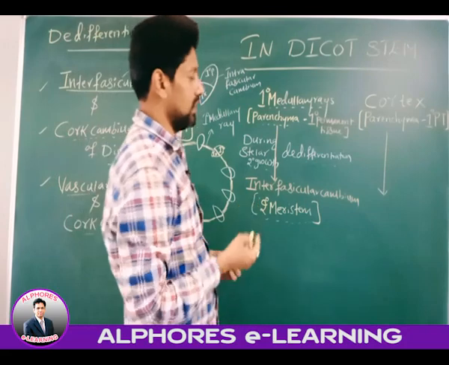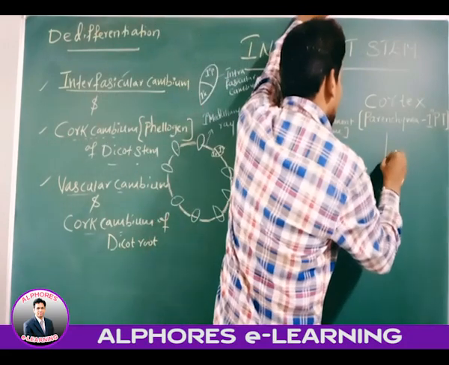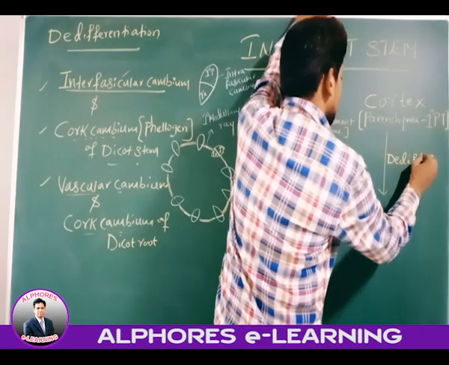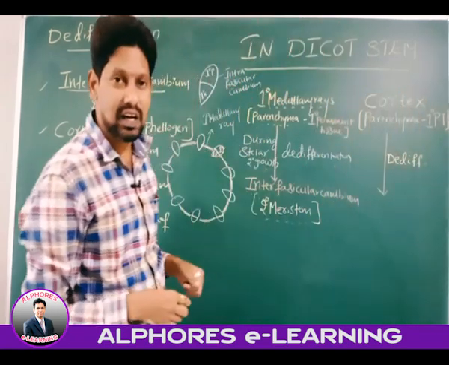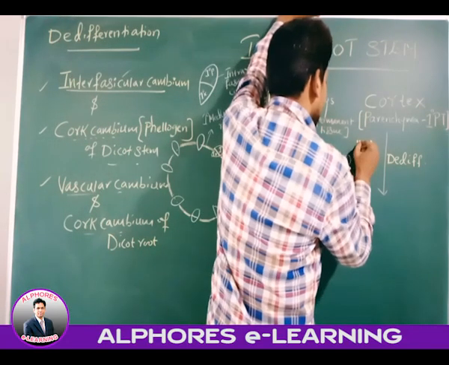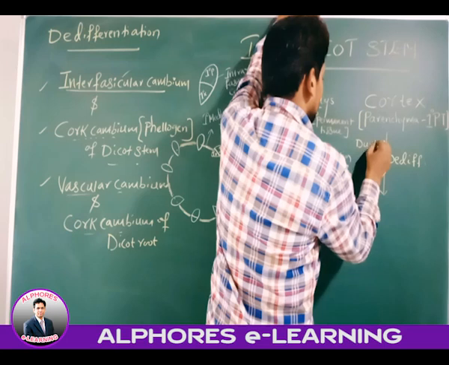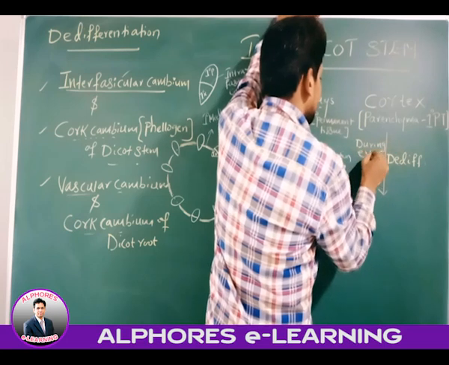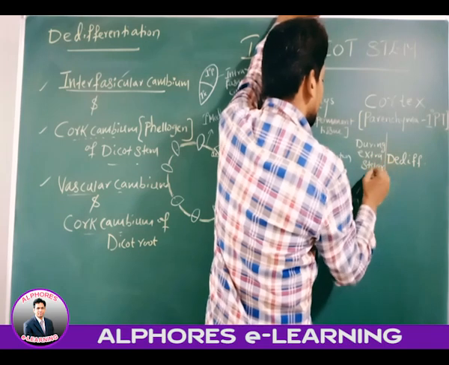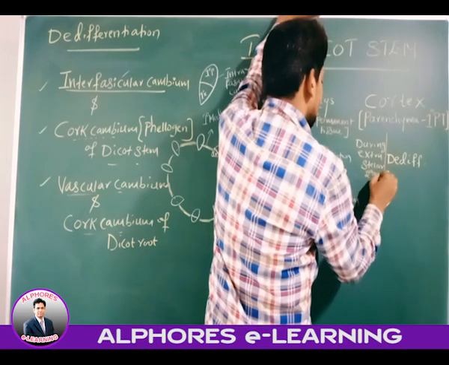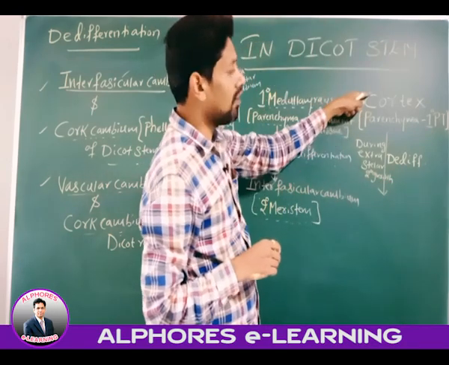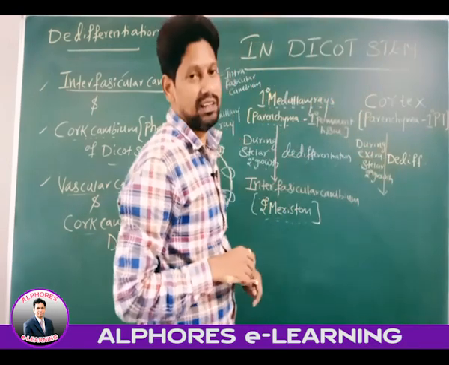When? During extrastellar secondary growth. The parenchyma of cortex undergoes de-differentiation during extrastellar secondary growth.